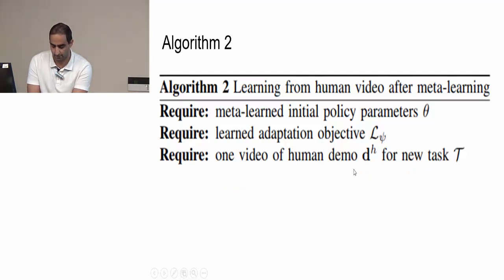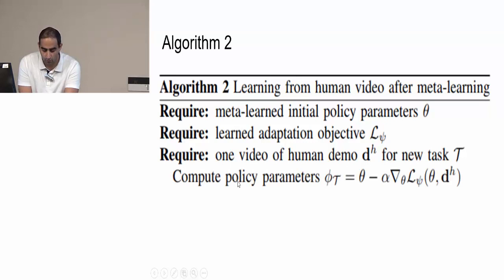That's why it's called one-shot learning. To achieve that, we simply perform gradient descent on parameter theta based on L psi. By performing gradient descent, we arrive at a new policy parameterized by phi, and we just return that policy.